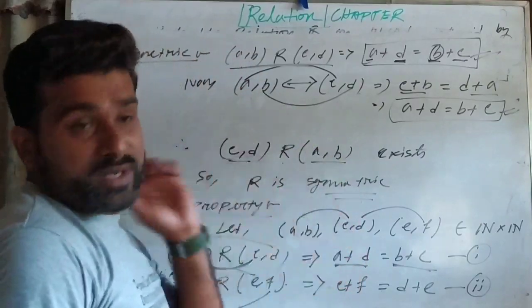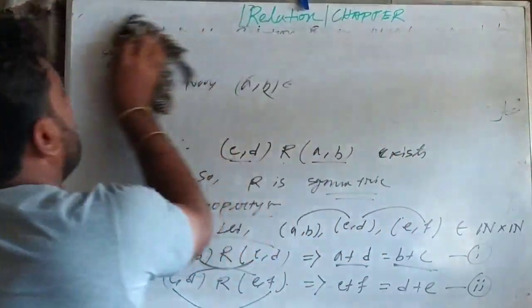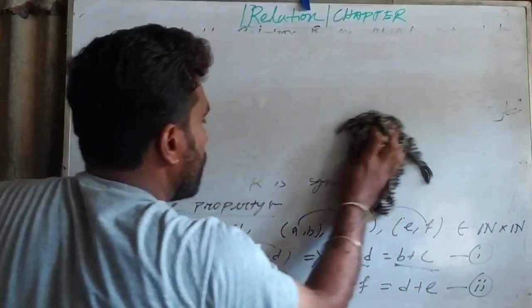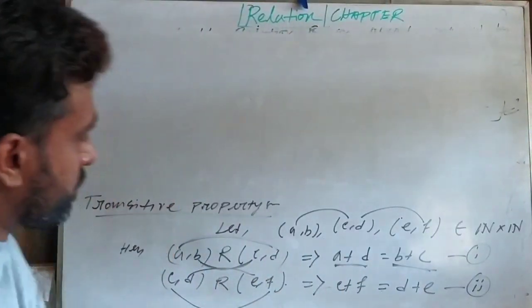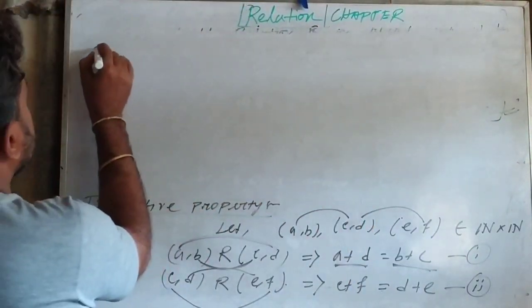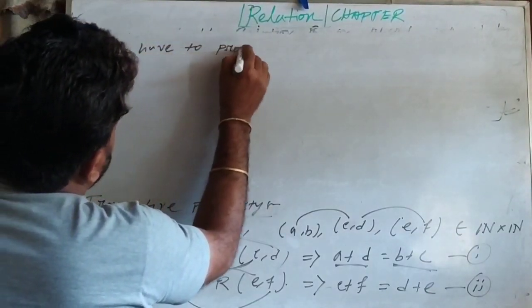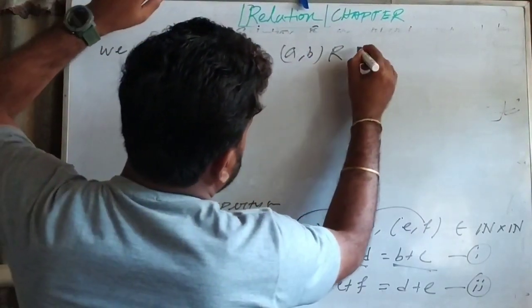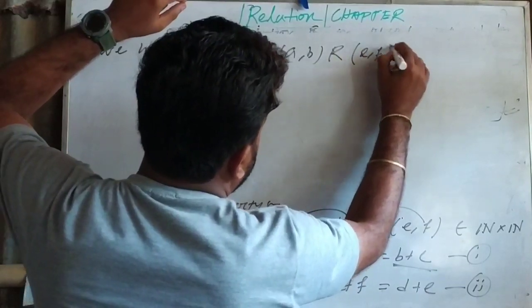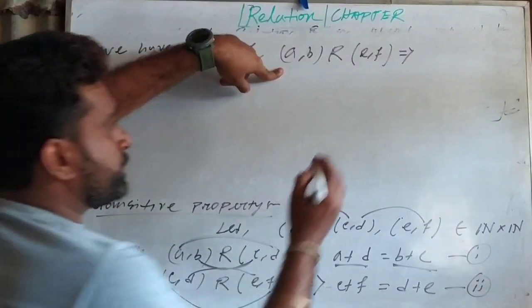Okay. So the middleman is what? C comma D. Okay. So now you see, if you want to construct the friendship relation or any kind of relation between these two order pairs, that means we have to prove, you can write, we have to prove A comma B related to E comma F. So for getting this proof, which condition needs to be satisfied here?